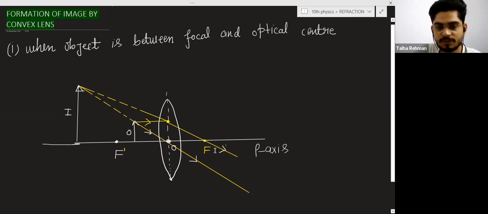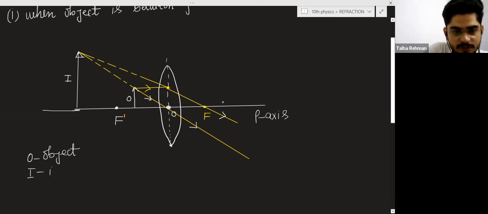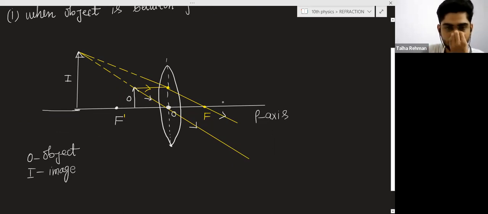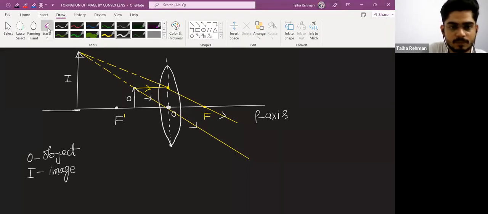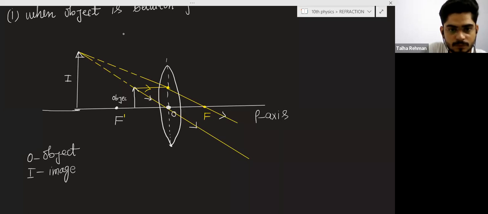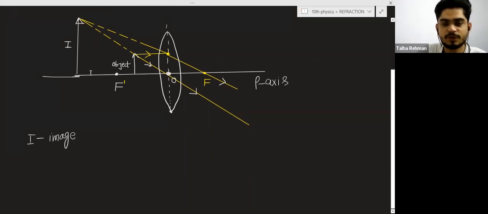So for the image formation we produce both the rays in the backward direction and we get the image. So O for object, and I for image.